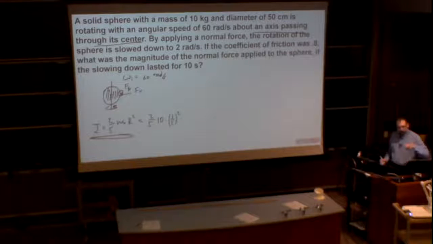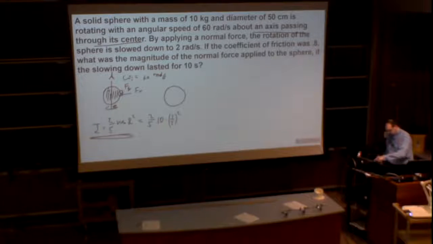But we can choose the point of view. Let's say we look straight down. In that case, this is the same sphere, but we wouldn't see the axis. The axis would become just a dot. And the sphere would be spinning, let's say, counterclockwise.